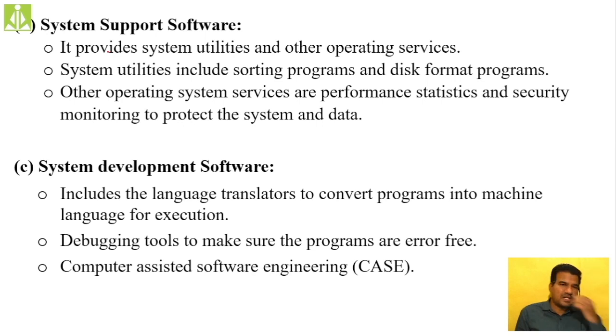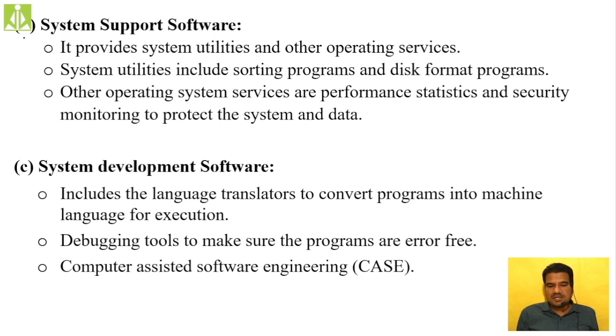We are not going to use any kind of application. Inside our operating system we have this disk utility service, disk format service. So simply we use the disk format service in order to format our disk. These two types of services we call system utilities. The first one is sorting programs and the second one is formatting programs.